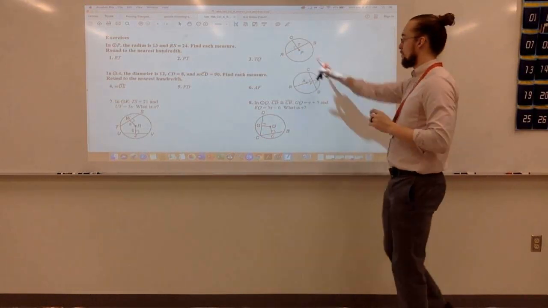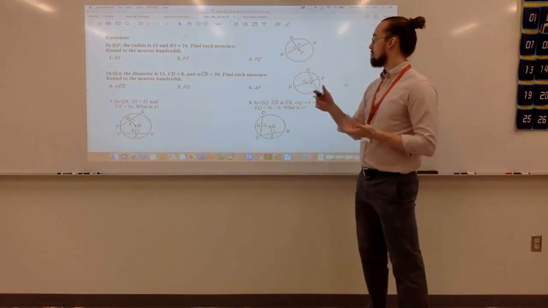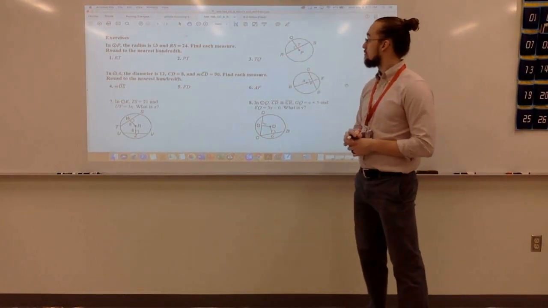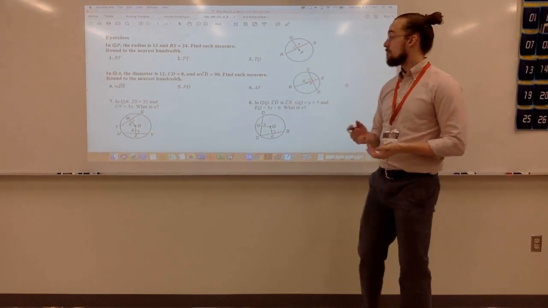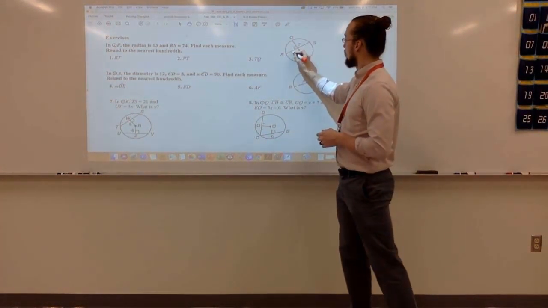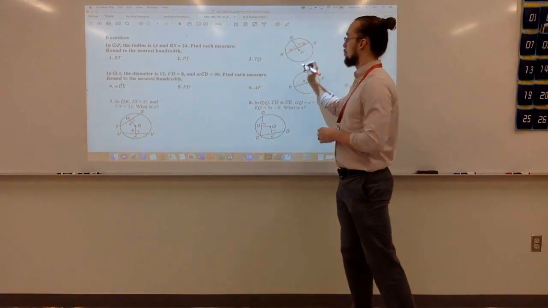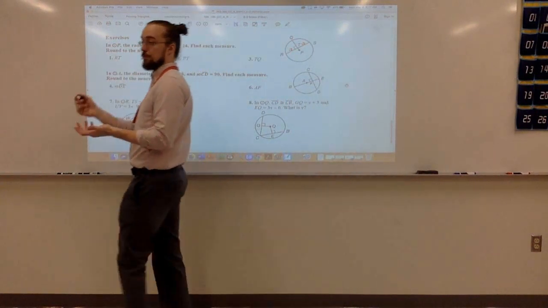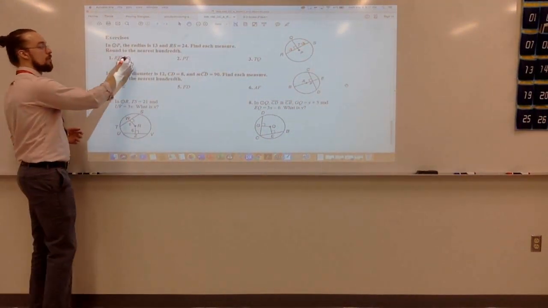Okay, so we can say PQ is 13. And then RS is 24. So we could say that both of those pieces, RT and ST, are 12. So that answers the first question. RT is 12.